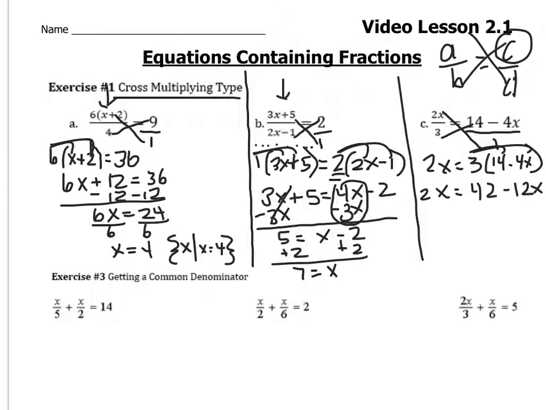Well, since we already have the number on the right side, I'm going to get rid of the 12x. Add 12x to both sides. 2x + 12x gives me 14x. These cancel. I'm left with 14x equals 42. Dividing both sides by 14, 42 divided by 14 is 3. X is equal to 3.